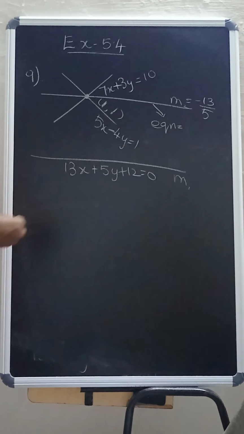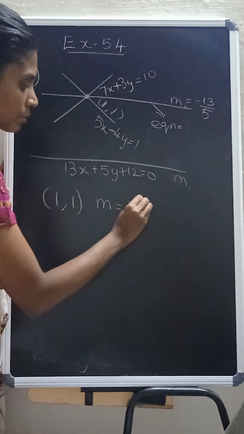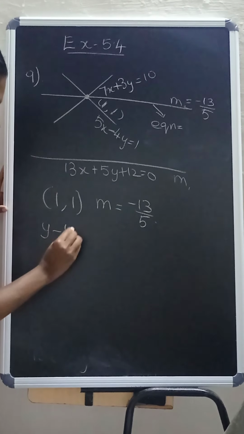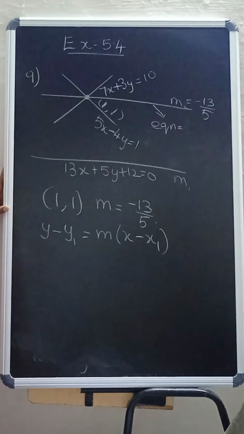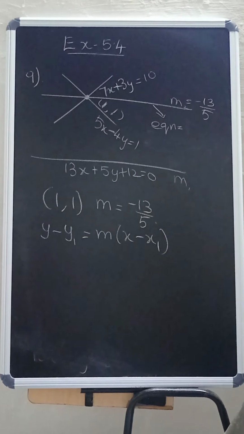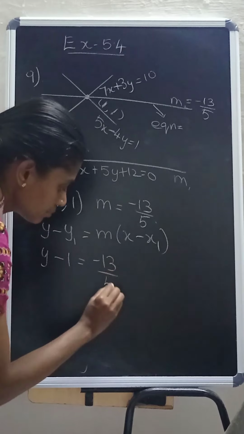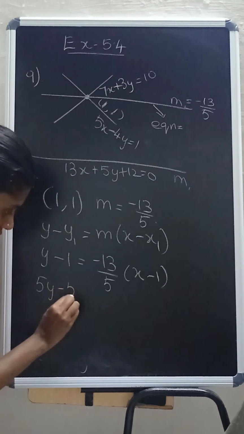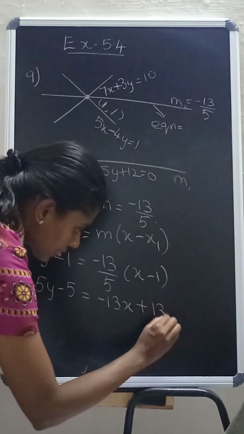Now, we have got passing through the point (1, 1) and slope m is equal to minus 13 by 5. Now, using point slope form, y minus y1 is equal to m into x minus x1. Substitute the values. y minus 1 is equal to minus 13 by 5 into x minus 1. Cross multiply. 5y minus 5 is equal to minus 13x plus 13.